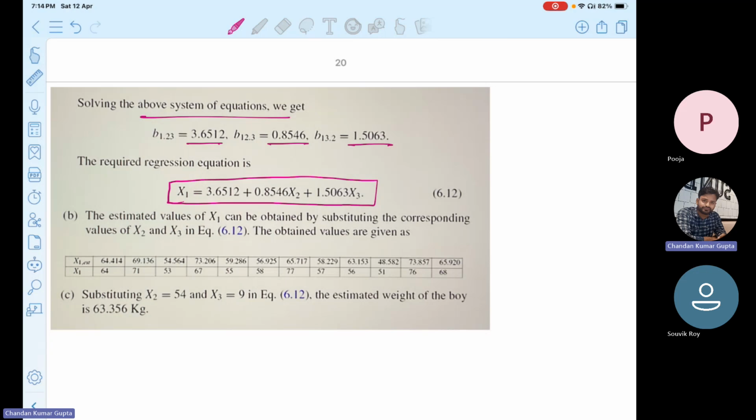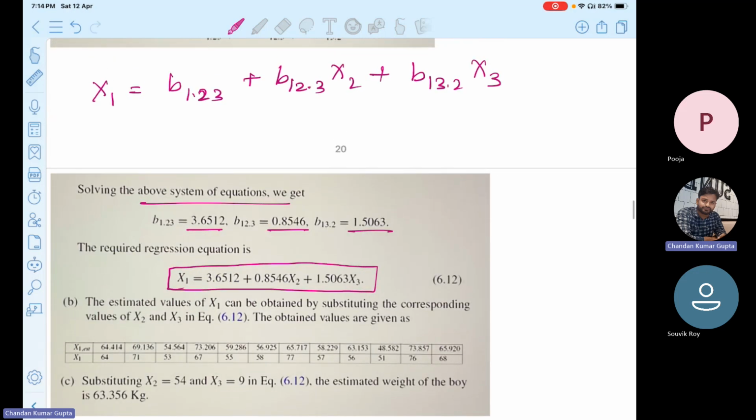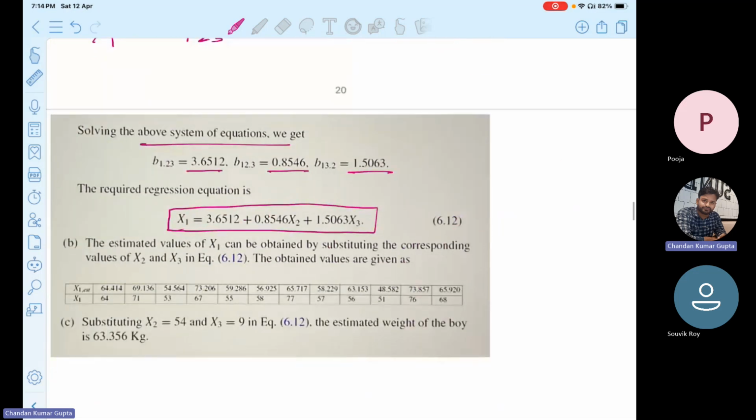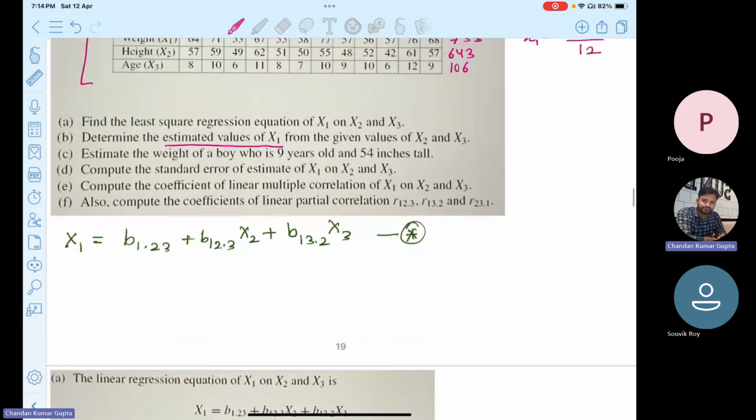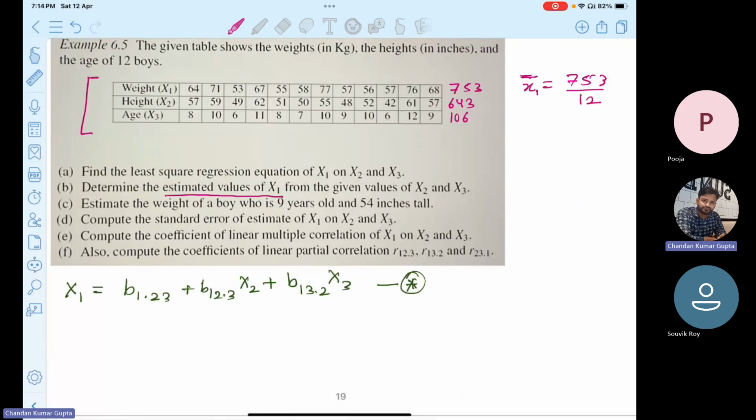So the estimated value of x1 is what? We consider x2 and x3. In equation 6.12, we put the values of x2 and x3, that is height and the corresponding age, and then we estimate the value of x1.